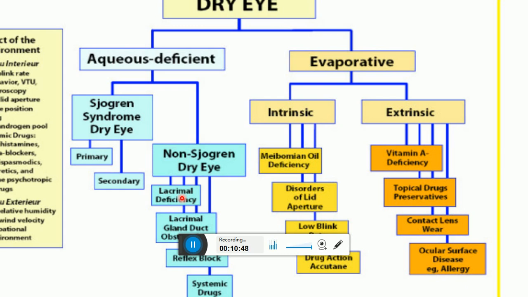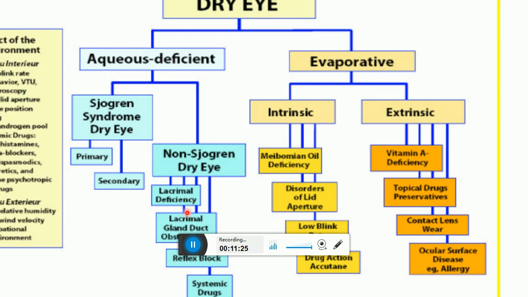Lacrimal deficiency may be primary, for example, age-related dry eye, congenital alacrimia, familial dysautonomia, or it may be secondary, for example, inflammatory and neoplastic lacrimal gland infiltration, acquired immune deficiency syndromes, graft versus host disease, lacrimal gland or nerve ablation.